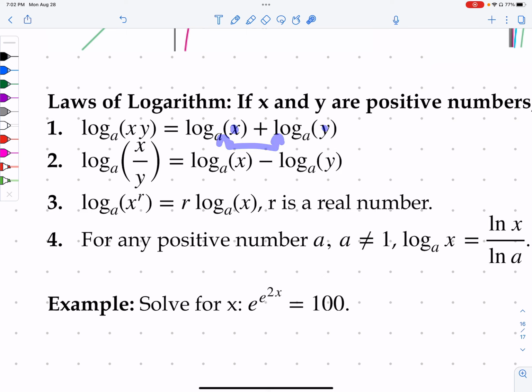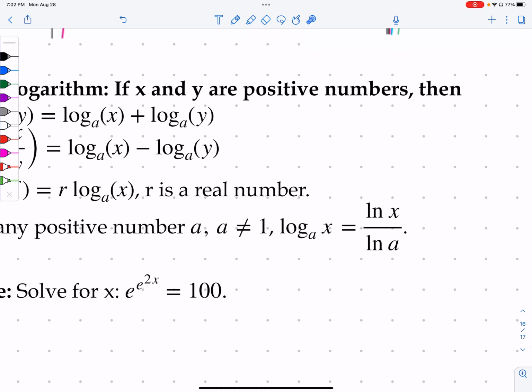Similarly, if you have two quantities x and y and you divide them first, assuming that y is not equal to 0, and take the logarithm, that is essentially the same as finding the logarithm individually and subtracting them. And if you have x to the power r inside the logarithmic function, you can bring the power to the front. So you can say this is r times the log of x.